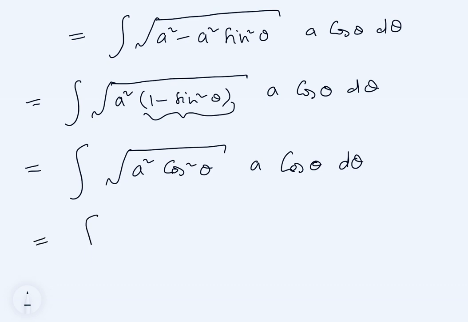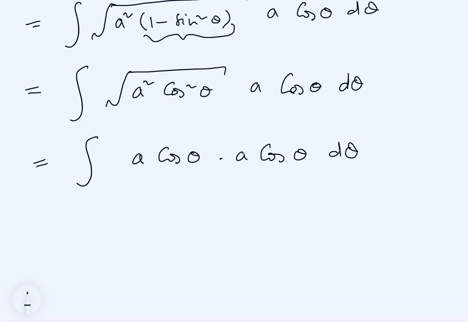And now we are left with the integral of a multiplied by cos theta multiplied by a multiplied by cos theta with respect to theta. So this basically equals the integral of a squared multiplied by cos squared theta with respect to theta.